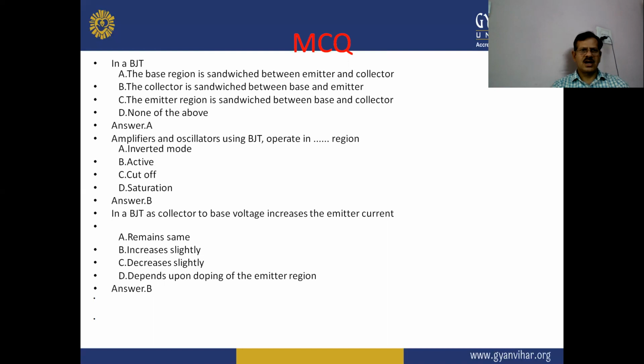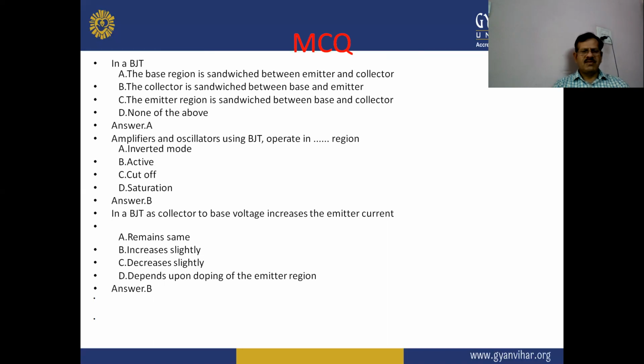Option D, none of these. So here the correct answer is A, the base region is sandwiched between emitter and collector. So the base is the sandwich between emitter and collector. So the correct answer here is option A.